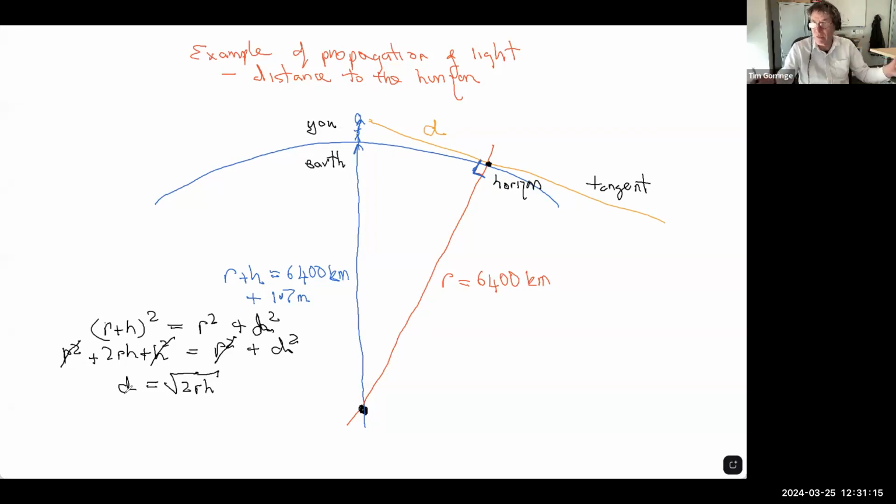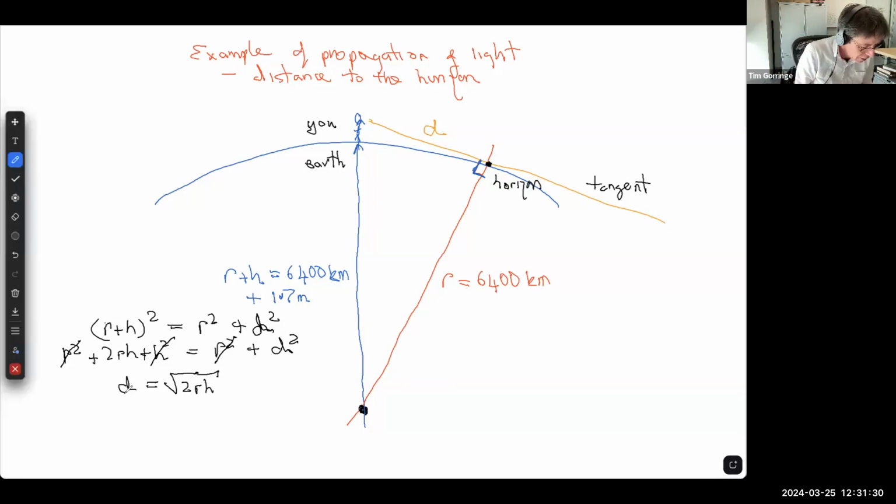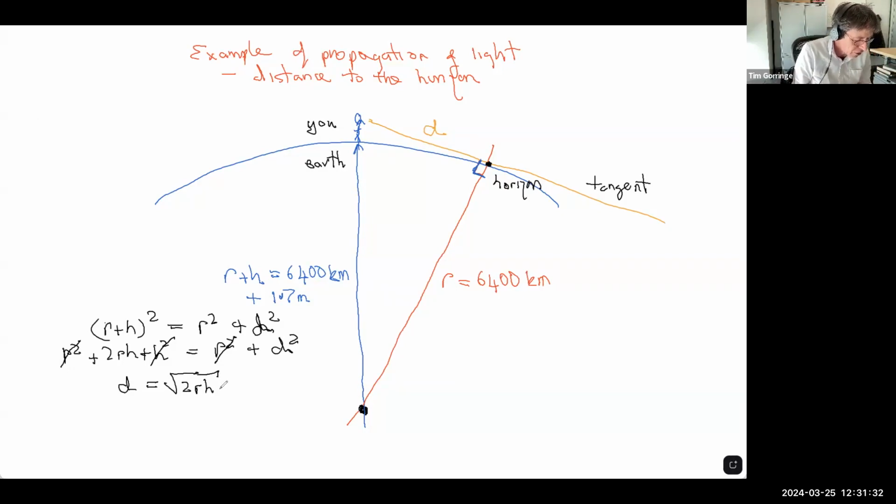If R was bigger, we would see the horizon at a greater distance. Also, we see to a greater distance if we're taller, or if we're on a mountain, or if we're in a plane. We see the horizon at a greater distance, because as R goes up, or H goes up, then the distance to the horizon, given this formula, will go up. Let's use this formula and calculate the distance to the horizon for a few interesting examples.